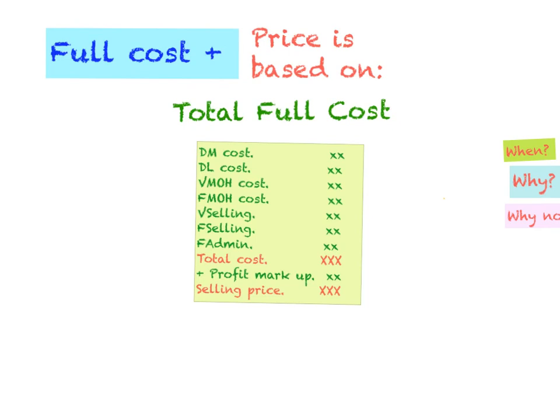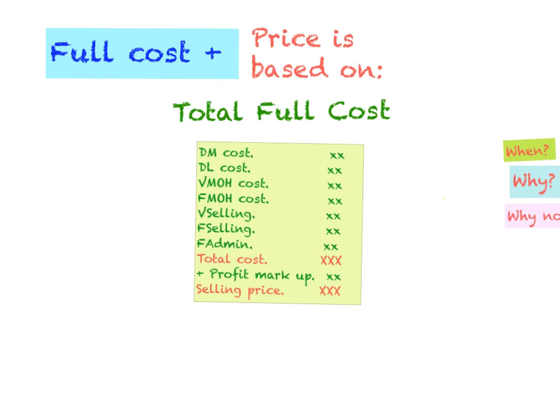Okay, so when we look at full cost plus pricing, the price is based on total full cost. What do we mean by total full cost? It means whatever cost is involved must be considered to determine the selling price. Just imagine that you are manufacturing a product.